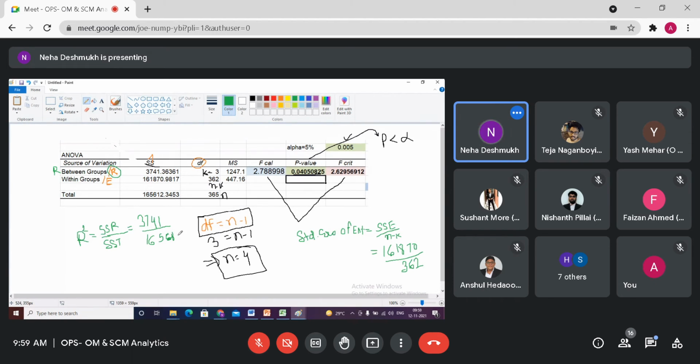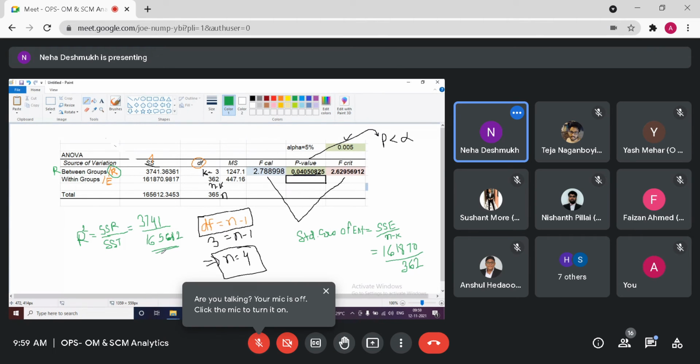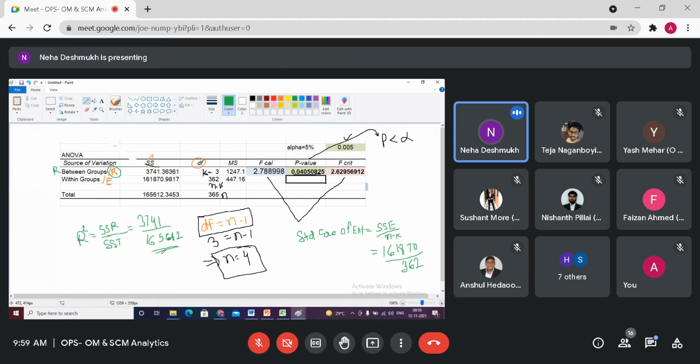So you divide 3741 by 165,612, and you will get 0.0225, right?